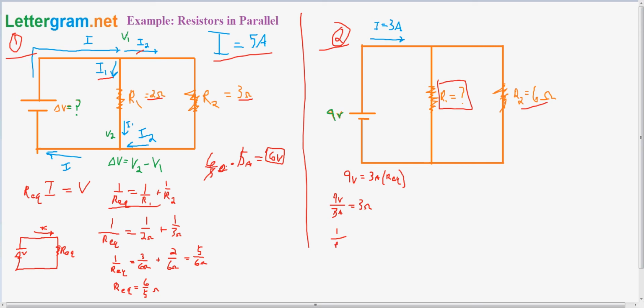And we know that 1 over REQ is equal to 1 over R1 plus 1 over R2, which is what you have to do in parallel. So we can do 1 over 3 ohms is equal to 1 over R1 plus, we know R2 right here, 1 over 6 ohms. We then subtract, so we have 1 over 3 ohms minus 1 over 6 ohms, which is equal to 1 over R1.